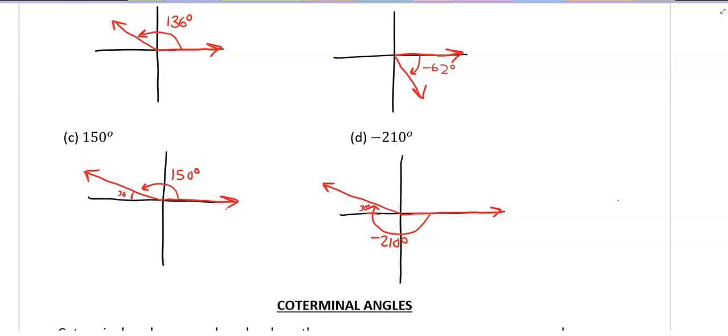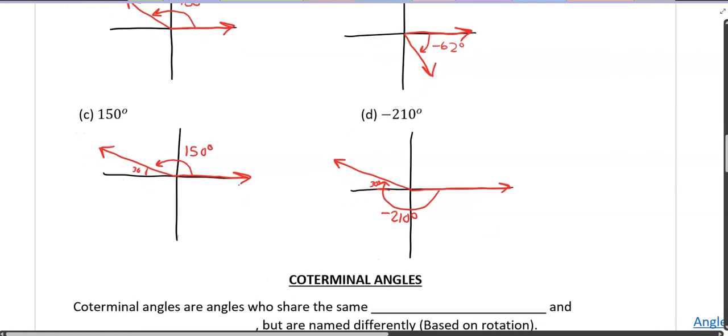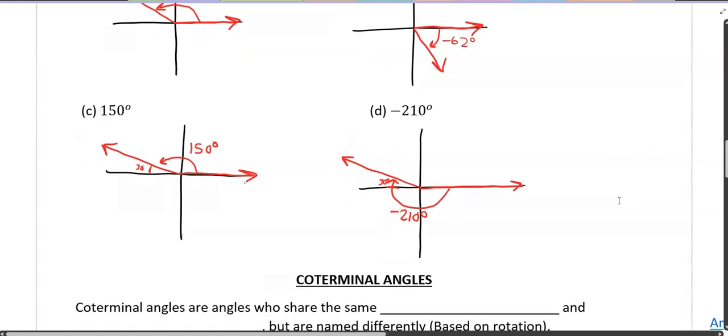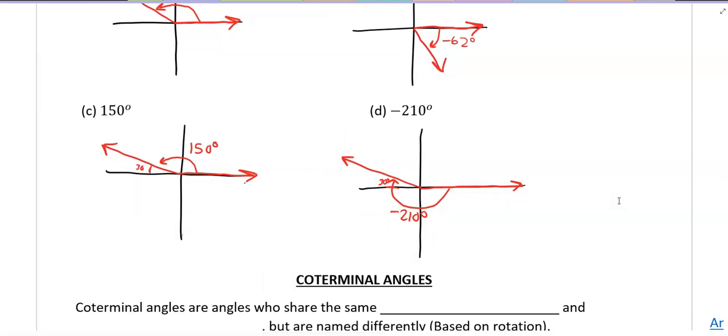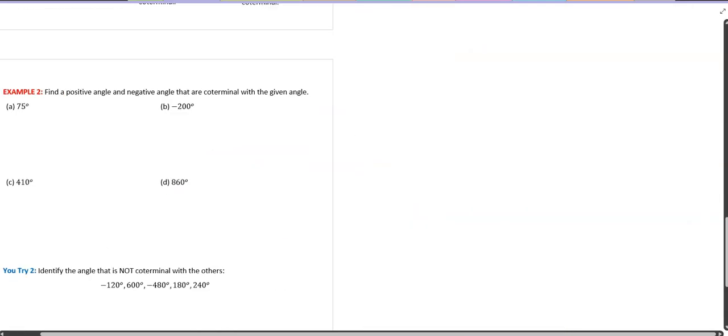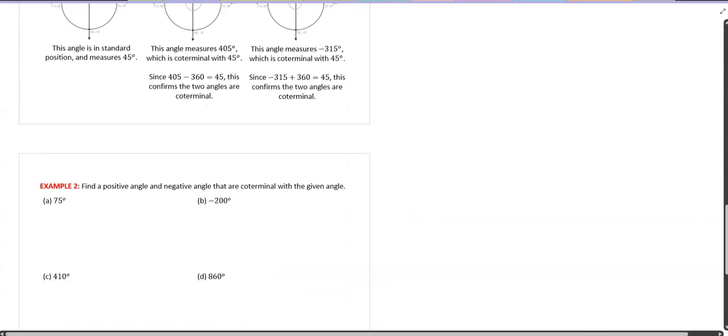One thing I want you to notice with these two examples is even though these two angles have different measures, notice that your drawing of the initial side, which is on the positive x-axis, and the terminal side, which was the second side that you drew, are both in the exact same position. And we have a special name for this pair of angles. So 150 and negative 210 have a unique example that we are going to call, whoops, where did my notes go?